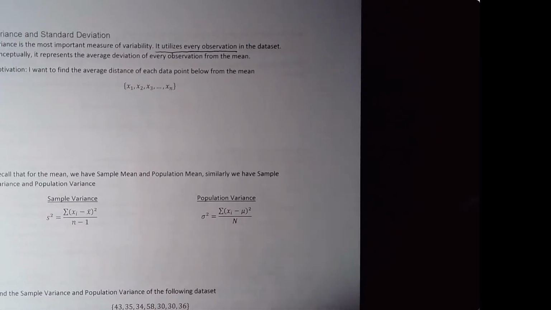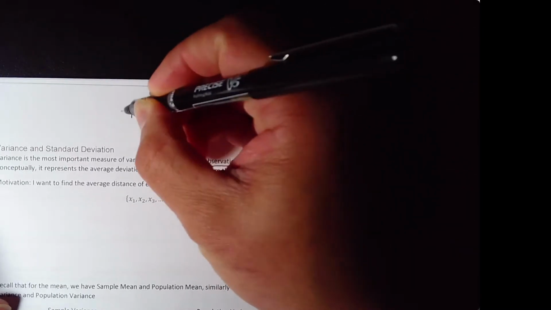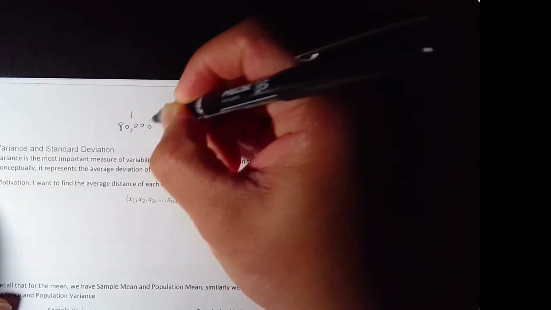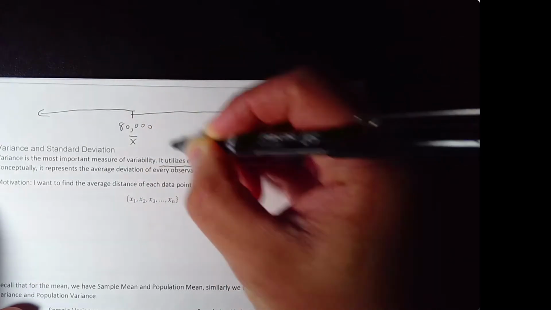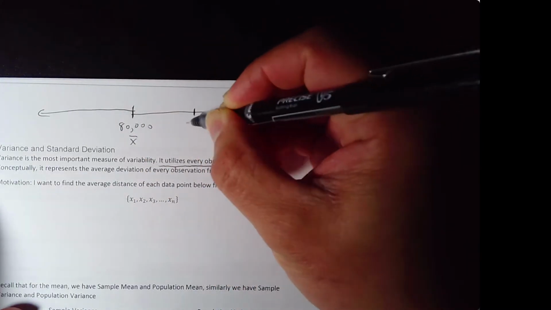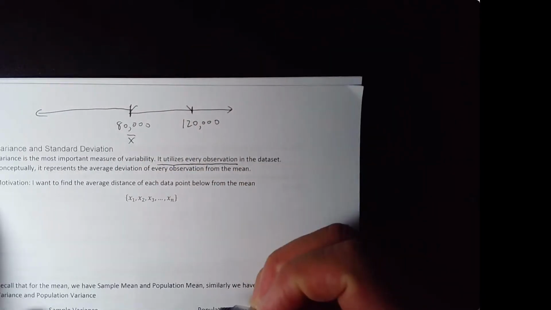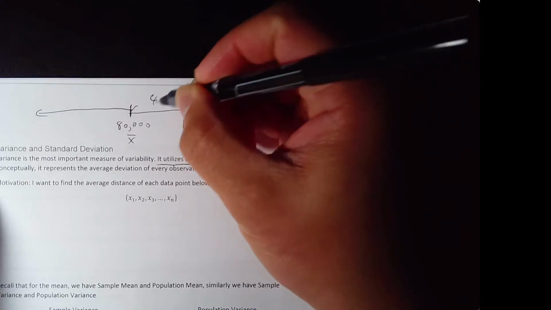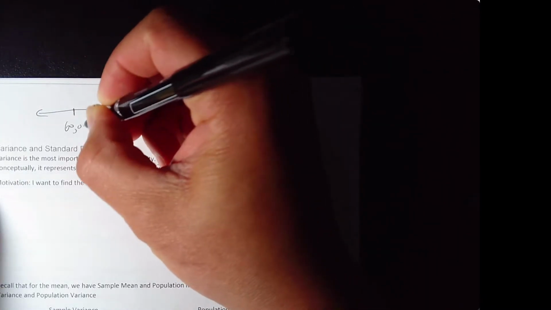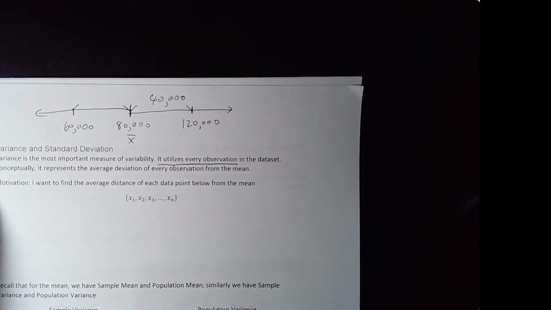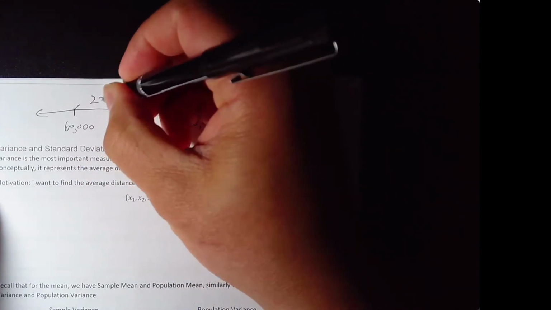For example, if the average income is 80,000, and that is X bar, then if you make 120,000, your distance from the average is 40,000. Now, if you make $60,000, then your distance from the average is 20,000.